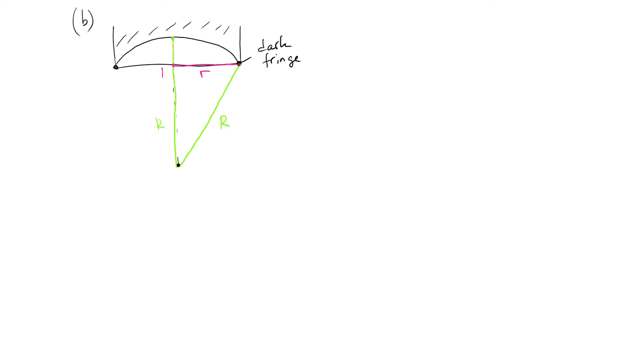Let's name these points P, O and C. If you look at the triangle POC, we can say PC equals, if we know that the thickness of the air in the center is T, then PC would equal R minus T. So this other side of the triangle is big R minus T.